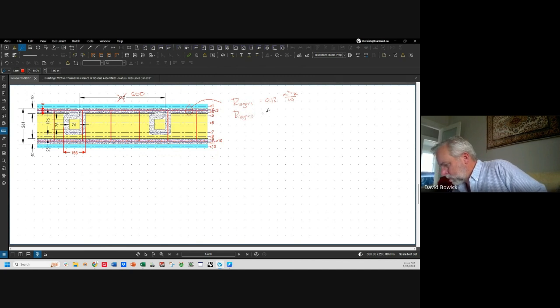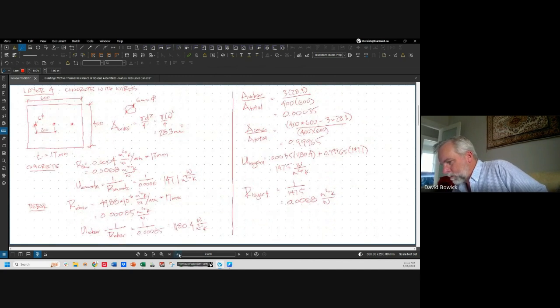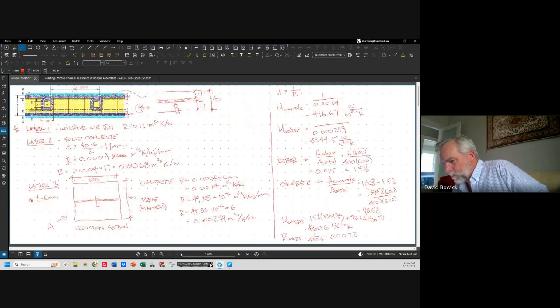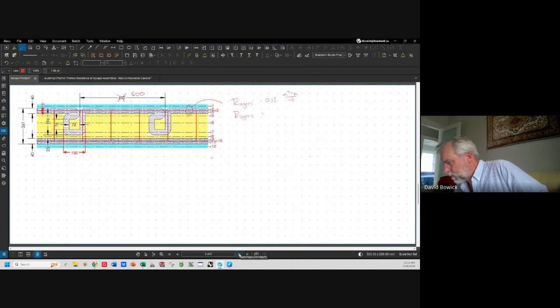Layer 2 is 0.0068. We'll just infer units.